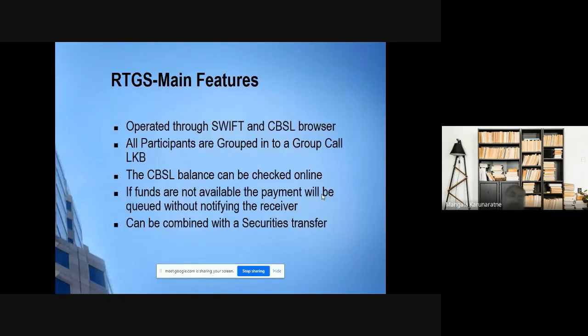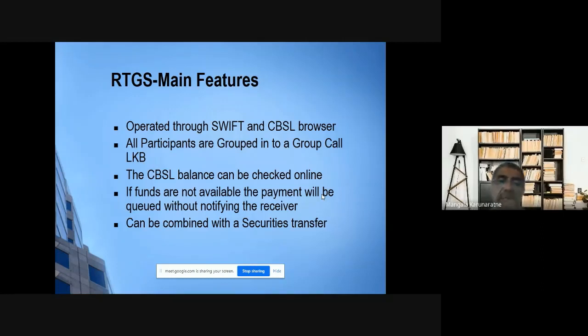So the RTGS system and the scriptless security systems are interlinked. With the security message we use, the RTGS account can be debited or credited, right? I will come to that later on.